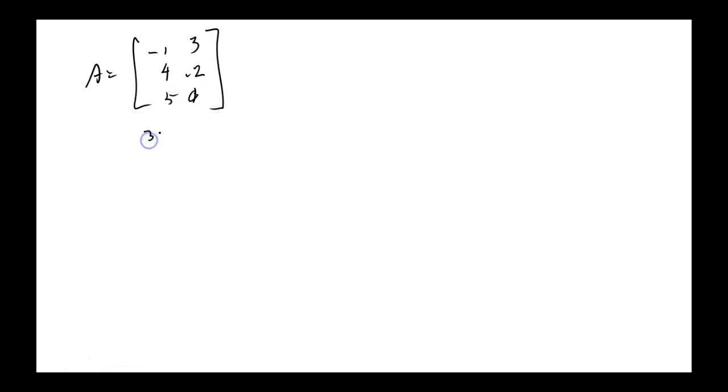That is a 3 by 2 matrix. 3 rows, 2 columns. And here's matrix B. And matrix B is -3, 2, -4, 1. Okay? That happens to be a 2 by 2 matrix.